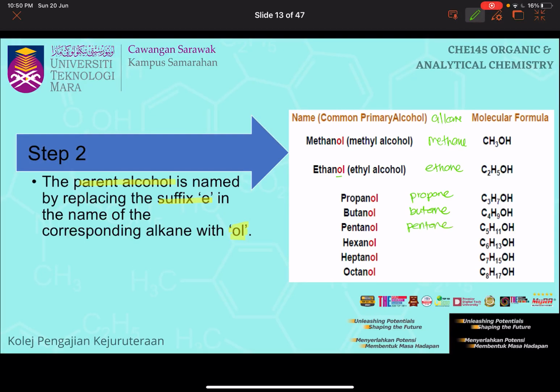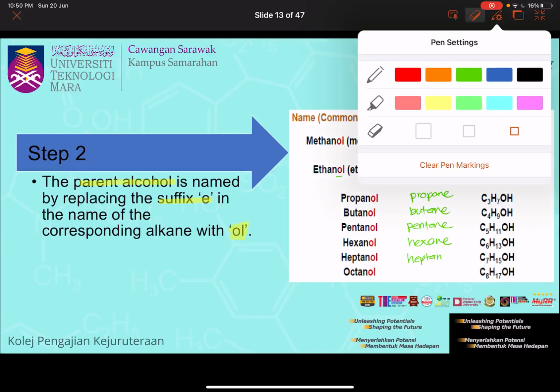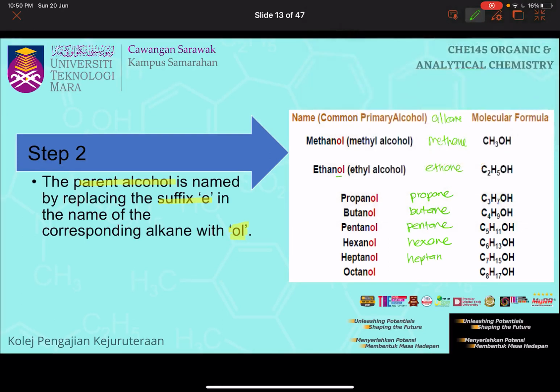Pentane becomes pentanol. Hexane becomes hexanol. Heptane becomes heptanol, and octane becomes octanol. So this is how the name changes from the alkane. The last letter, which is E, we replace with OL, so it becomes an alcohol.